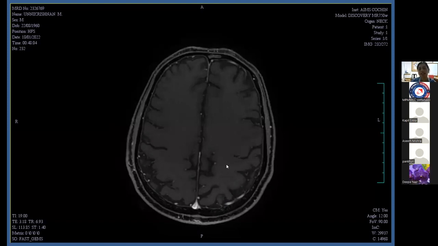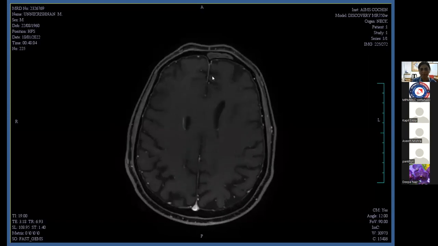So this is an axial contrast enhanced scan of the head and neck region. Coming from superior to inferior, we can see the superior sagittal sinus and starting of the frontal bone. These are the lateral ventricles we can see.